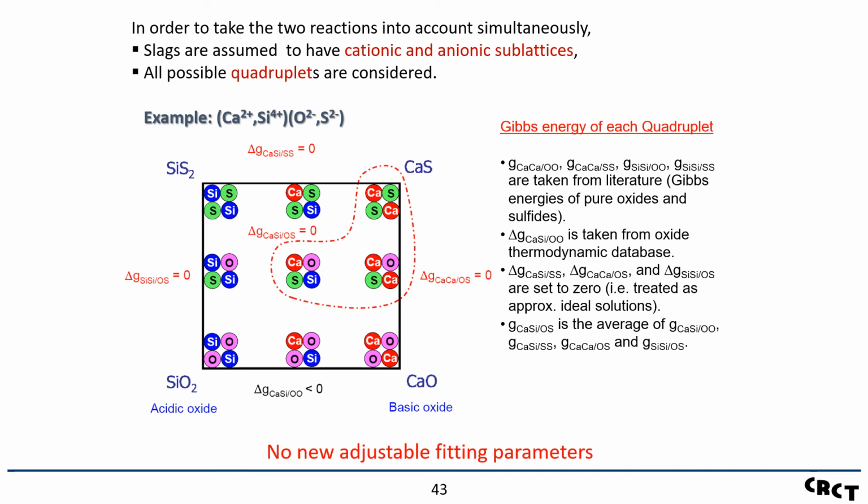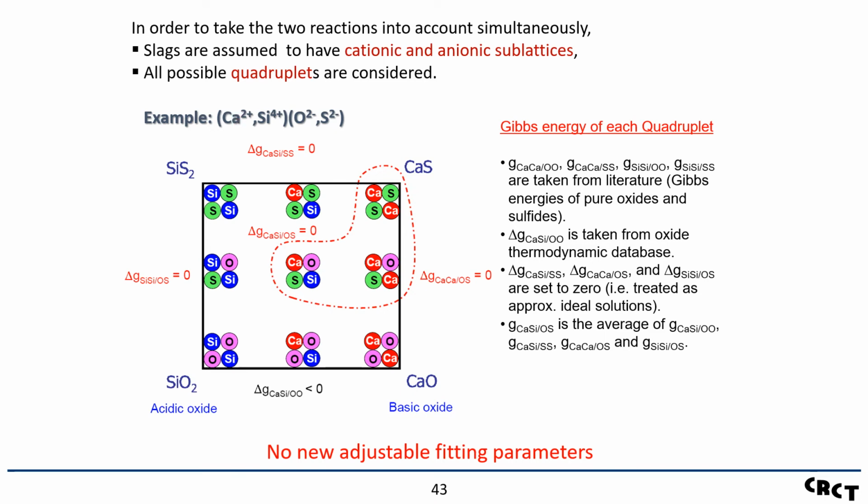So we have these two, first and second nearest neighbor short-range ordering, to be considered simultaneously. In order to model this, to account for the two reactions simultaneously, we have to assume two sublattices. This is a simplified model, as simple as necessary, as complicated as necessary, but no more complicated. So here we have two sublattices. The anion sublattice is occupied by oxygen and sulfur, and the cation sublattice is occupied, in this calcium-silica system with sulfur, by calcium and silicon.